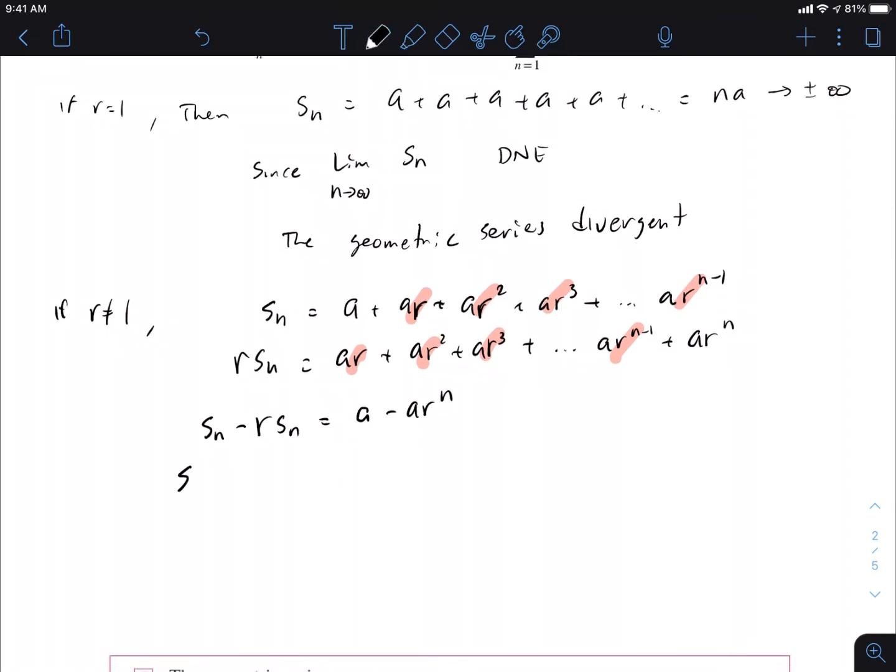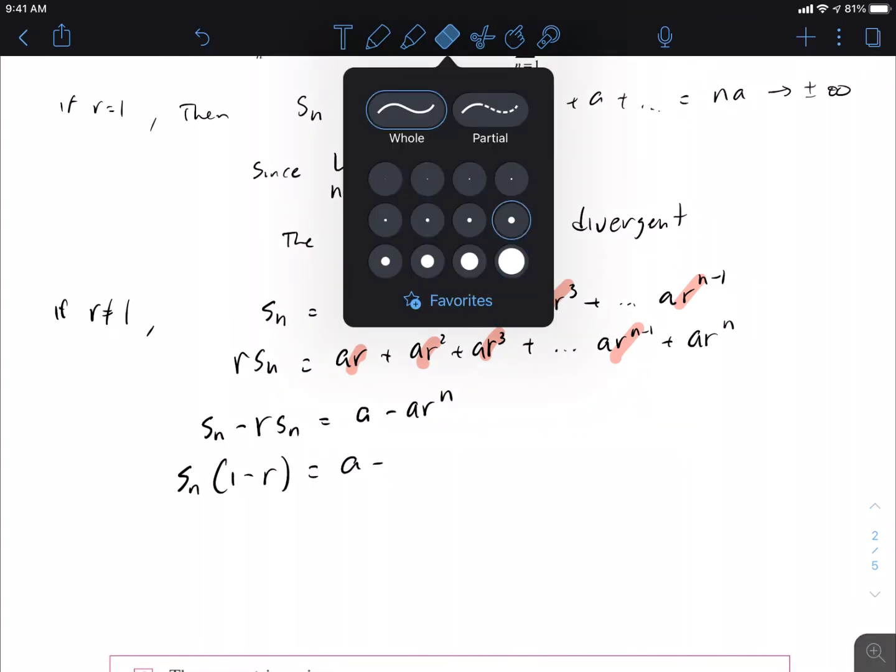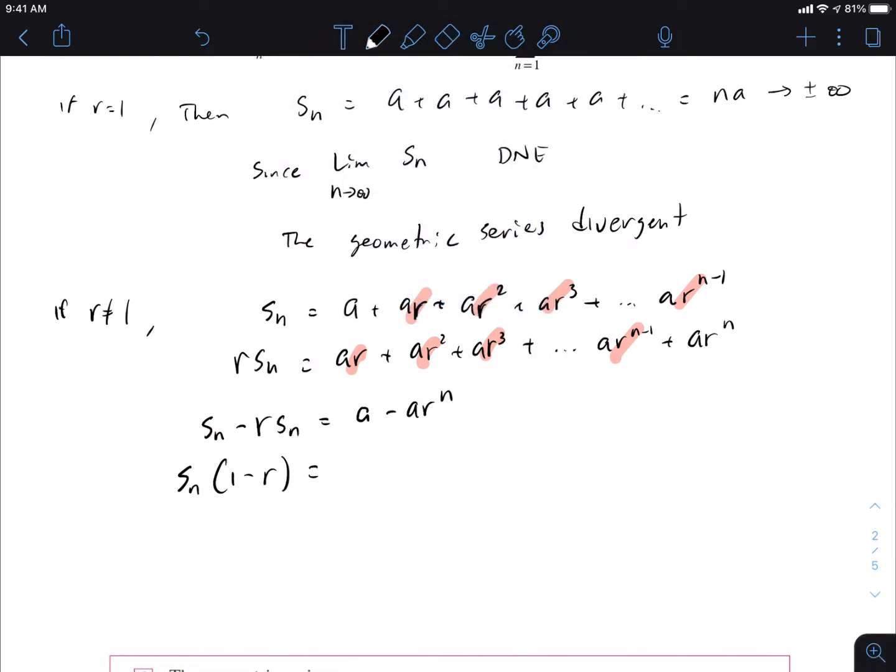Then I'm going to factor out an S sub n, so I get 1 minus r times S sub n is equal to, oops, not a plus, a minus, it's going to be A times 1 minus r to the n. And so the sum would be A times 1 minus r to the n over 1 minus r. And that's the case if r is not equal to 1.